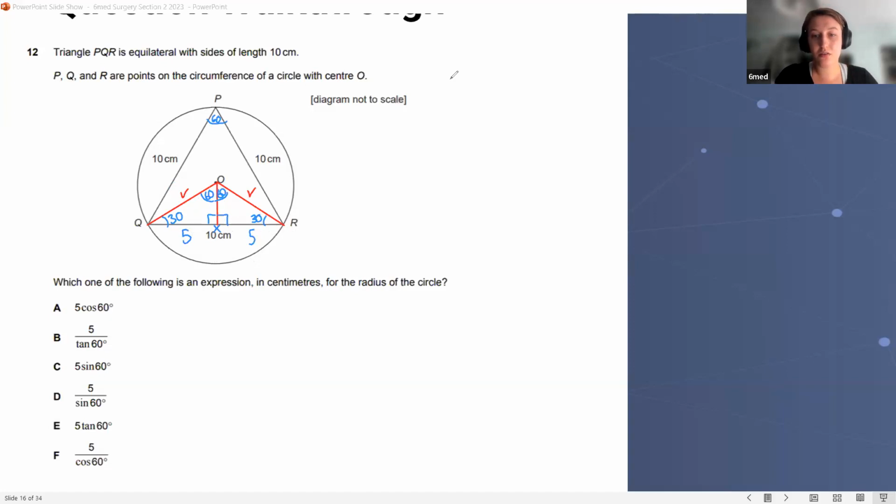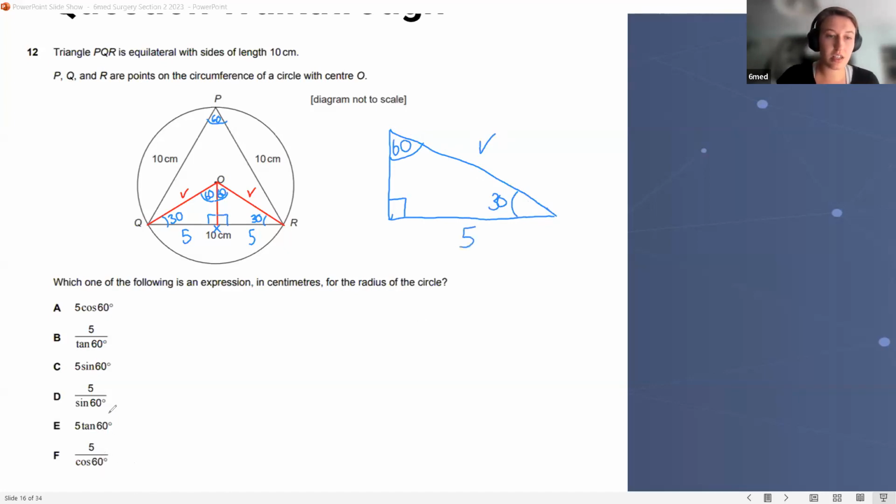Now, as I've got a right angled triangle, I can use Pythagoras or I could use trigonometry. So if I quickly just redraw the triangle bigger, so it's less confusing. So the first thing I do now is I would look at the answers, and you can see that they all use 60 degrees.